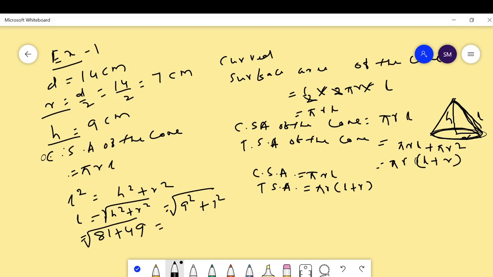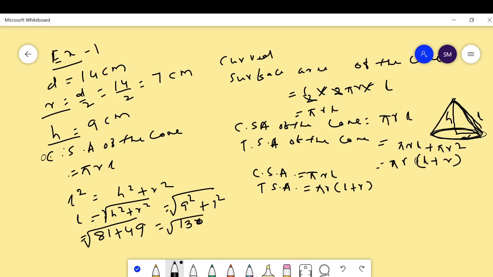which is equal to the square root of 130. So L is equal to square root of 130.